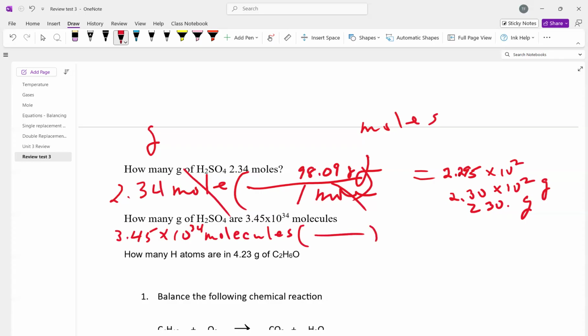What's our first conversion? Molecules to moles. Good. Okay. How many molecules are in a mole of anything? Avogadro's number, 6.02 times 10 to the 23rd.